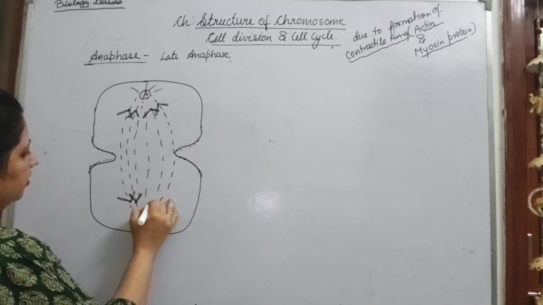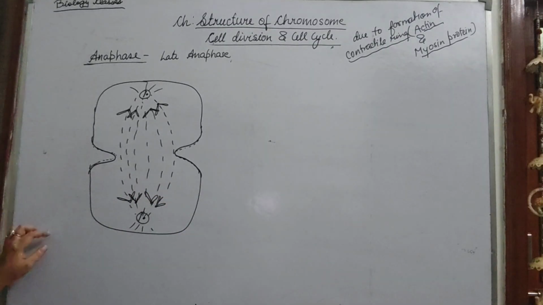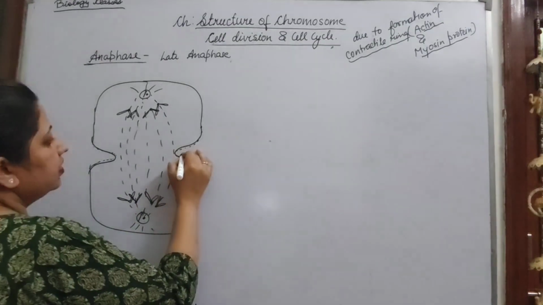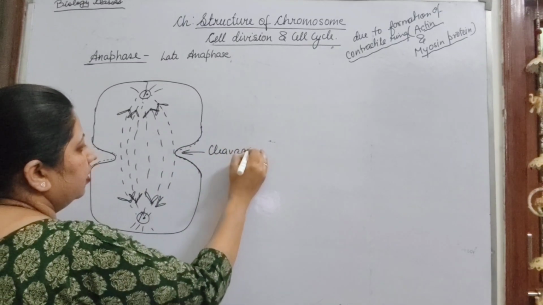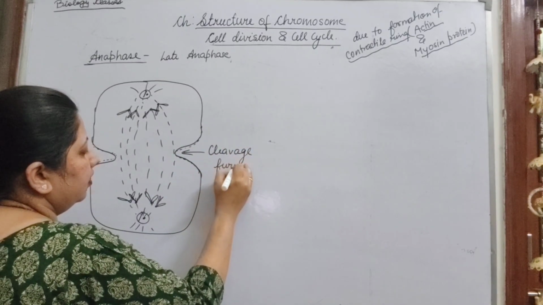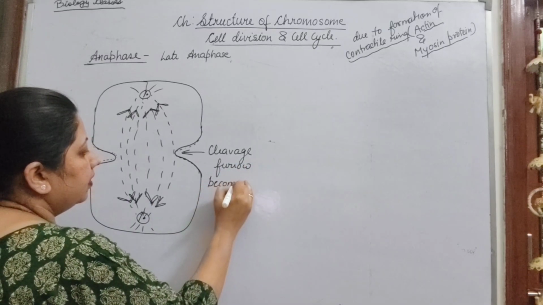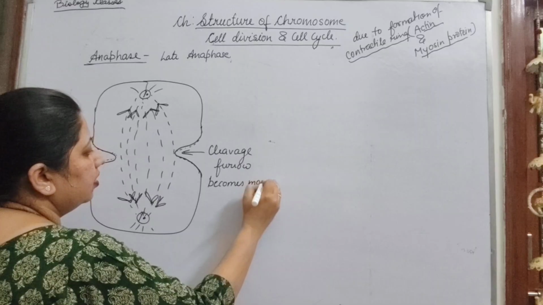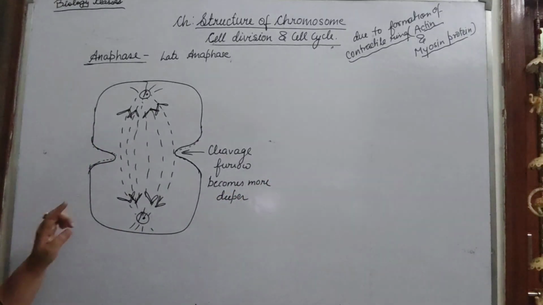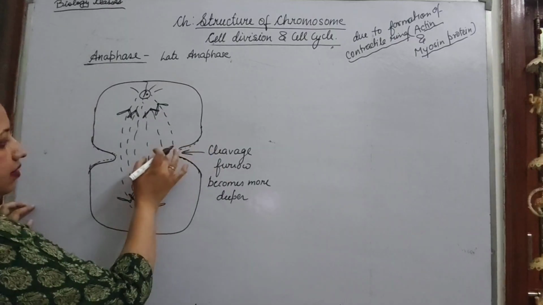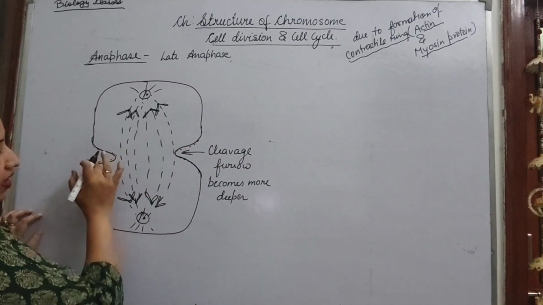This is the third one and this is the fourth one. Okay, and this is the cleavage furrow, it becomes more deeper. So this kind of cell division is from periphery to center.